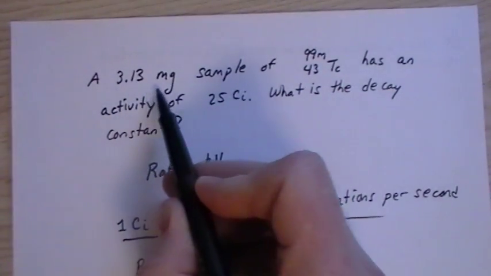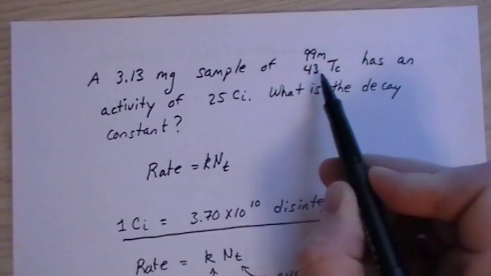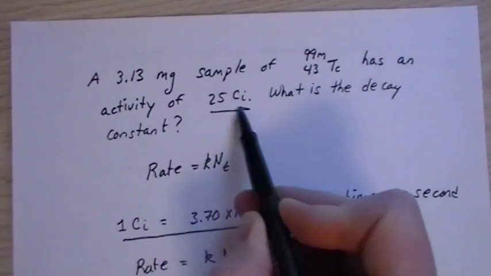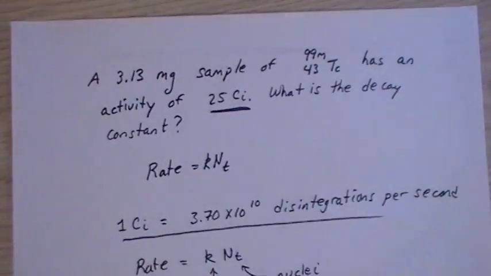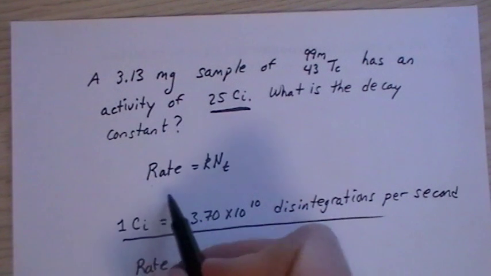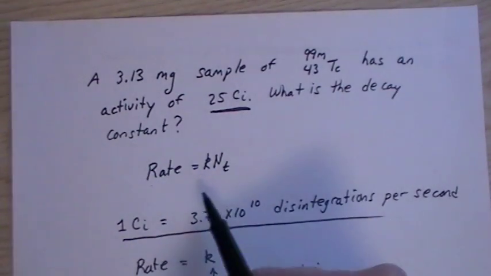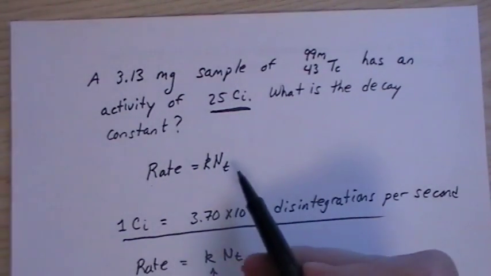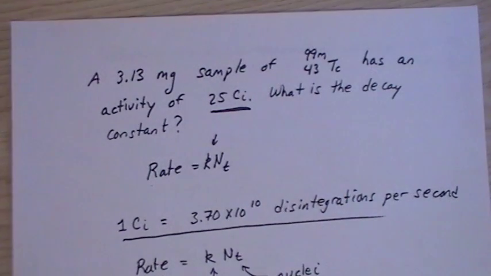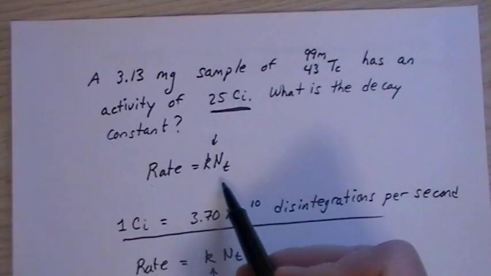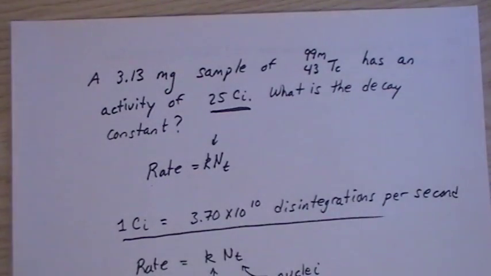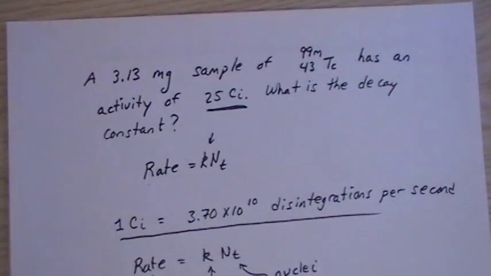So if you have a 3.13 milligram sample of technetium-99 and it has an activity of 25 curies, what is the decay constant? So here's our equation that we use. Rate is nuclear disintegrations per second, which we can then relate back to curies. The decay constant is K, and N is the number of nuclei that are available to decay at a certain time.